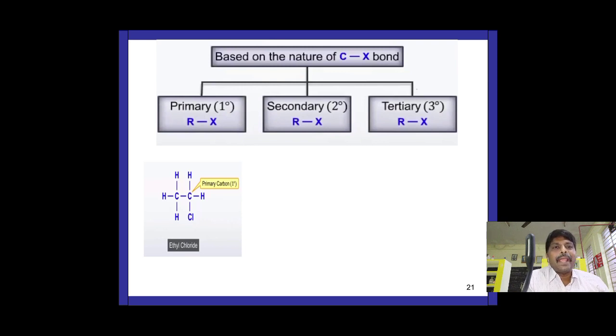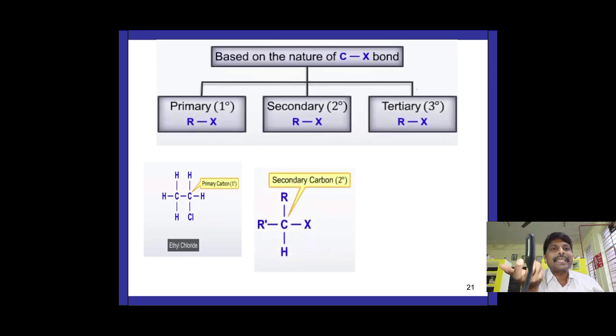What is meant by primary carbon? You can see in this example ethyl chloride, Cl is attached to a carbon. That carbon is attached to only one group. When the halogen-attached carbon is linked with only one group, it is called a primary carbon. Then that halide is called a primary alkyl halide.